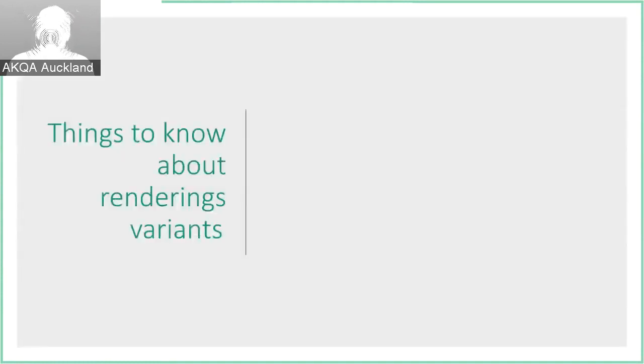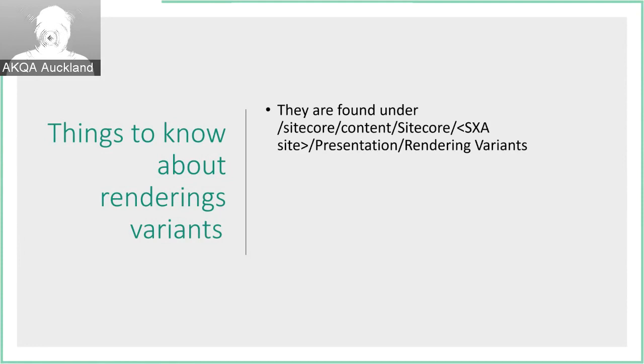There are a few things that you should know about how the rendering variants work. They are available under the SXA site, presentation, and rendering variants. All the out-of-the-box rendering variants would be available there. About this SXA site and all, those are features provided by SXA. I would not go in that direction. You can create a site tenant and things like that.